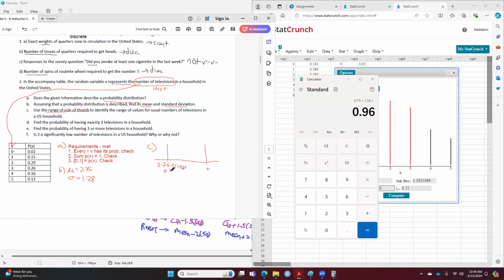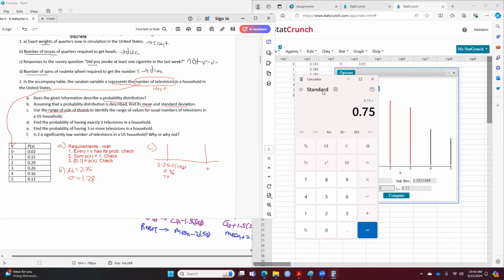So this means that this is the number of TVs. So again, this is the unit. So for the plus sign, I'm going to do 2.75 minus 2 times... Okay, I think something is wrong with this.